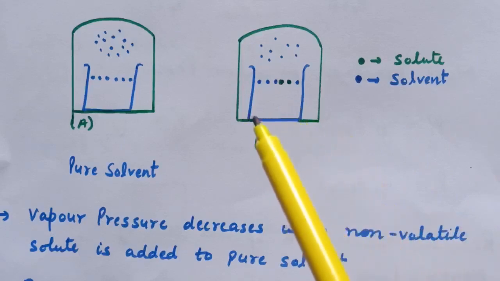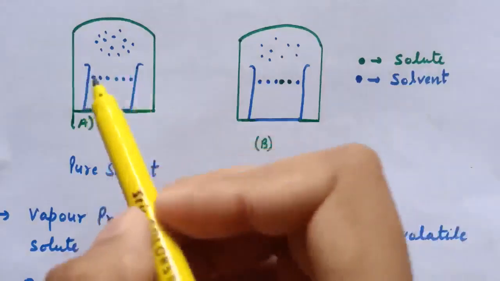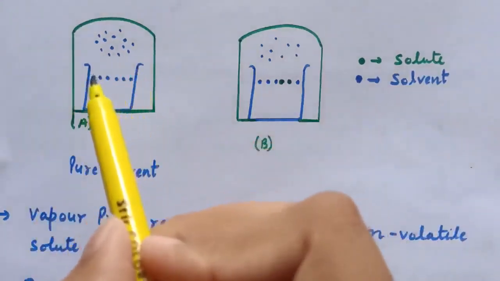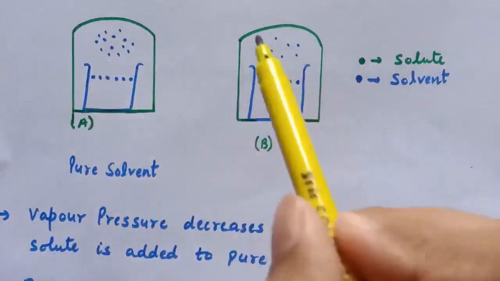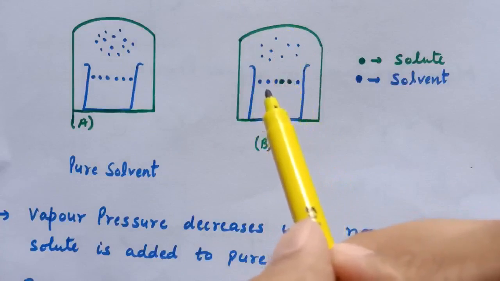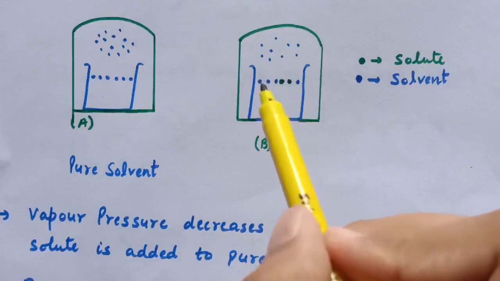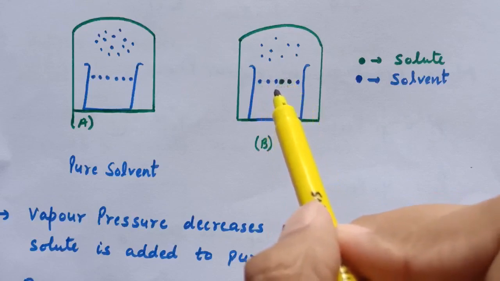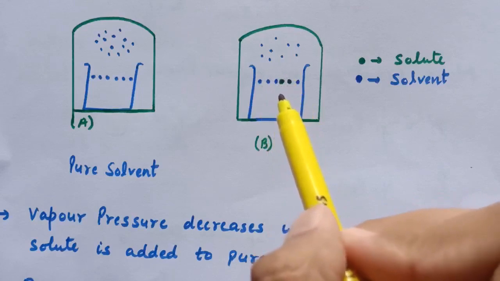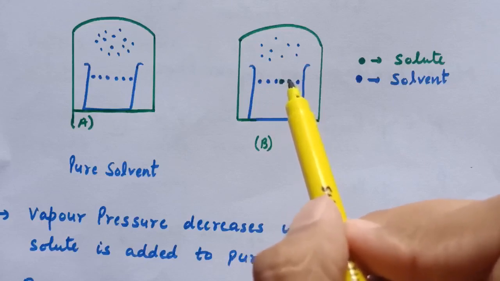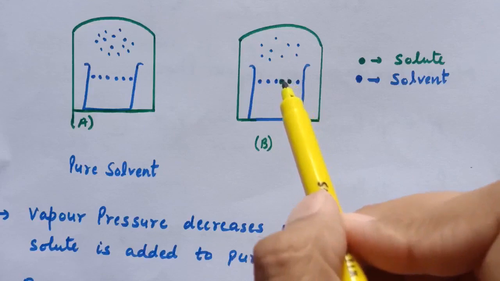Now what is the reason behind this? In pure solvent, all the surface is occupied by the molecules of solvent. Whereas in the second case, when we add non-volatile solute to this pure solvent, the surface has both solute and solvent molecules, thereby the fraction of surface covered by solvent molecules gets reduced. Therefore, the number of solvent molecules escaping from the surface is correspondingly reduced, and therefore the vapor pressure is also reduced.